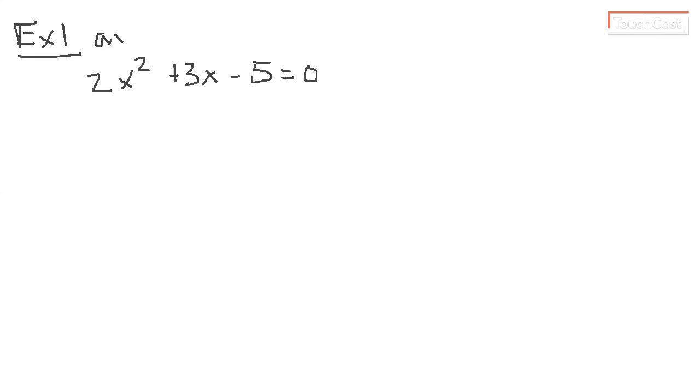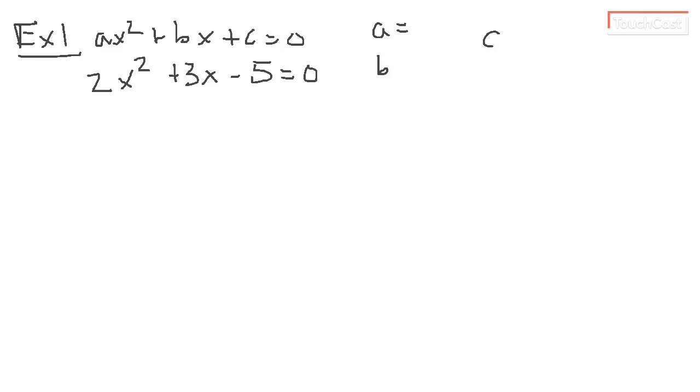So example 1, we are going to take 2x squared plus 3x minus 5 and set it equal to 0. Since this is in the form ax squared plus bx plus c equals 0, I first like to identify what is my a, my b, and my c.